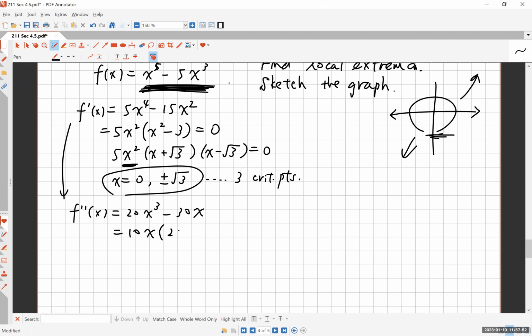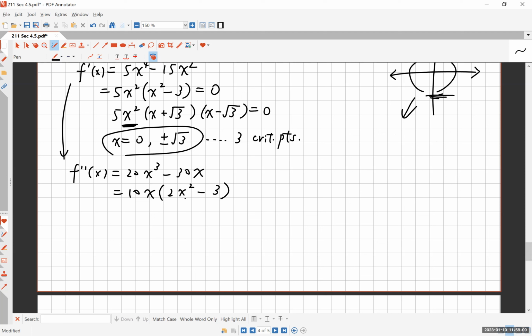So you have 10x times 2x squared minus 3, right? You can factor this further, but you don't have to. Let's try to figure out what happens at 0. Well, that's 0. Ooh, the test fails here. Can't do much with this.